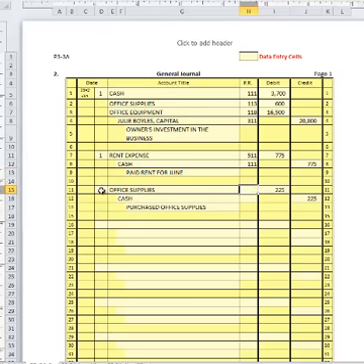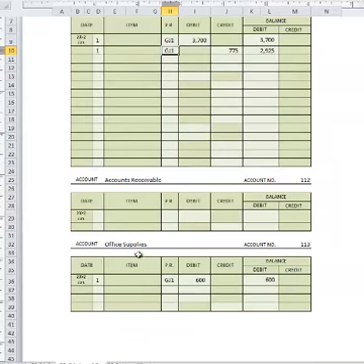Next transaction occurred on the 3rd. Office supplies is debited for $225. We'll find our office supplies account, enter the date of the 3rd. It was debited for $225. Okay, we have an existing balance of $600.